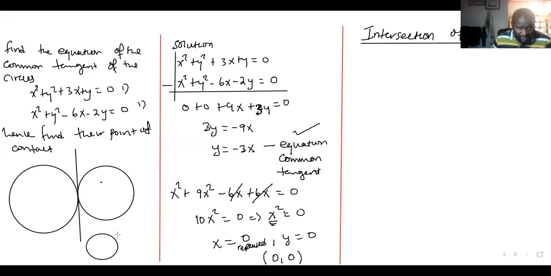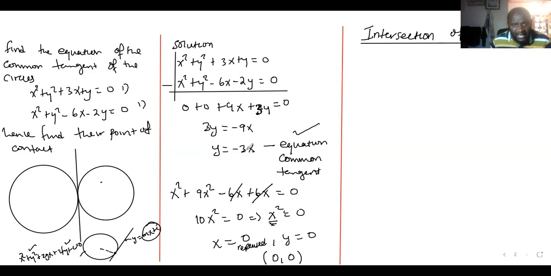If this is the circle and I have a tangent touching it, to find the point of contact you solve y equals mx plus c with x squared plus y squared plus 2gx plus 2fy plus c equals 0. You make y the subject and substitute it wherever y appears, and then you have a quadratic in x.